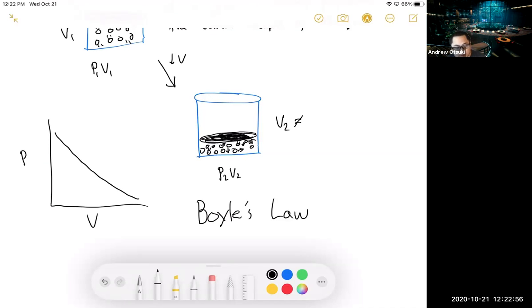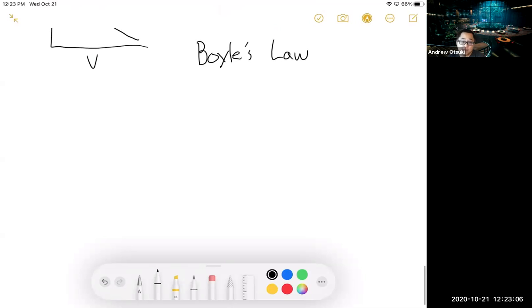These people are significant for our understanding of how gases behave. So let's talk about Boyle's law. Volume is proportional to 1 over pressure, so we say that this is an inverse relationship.